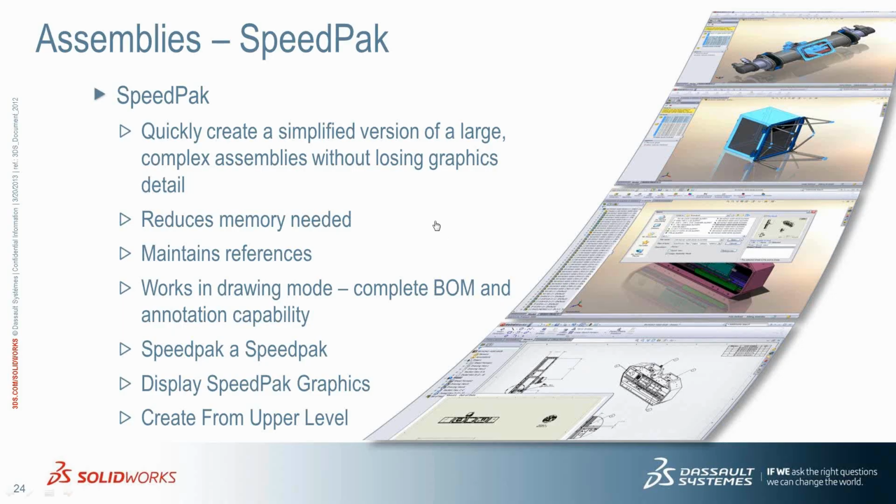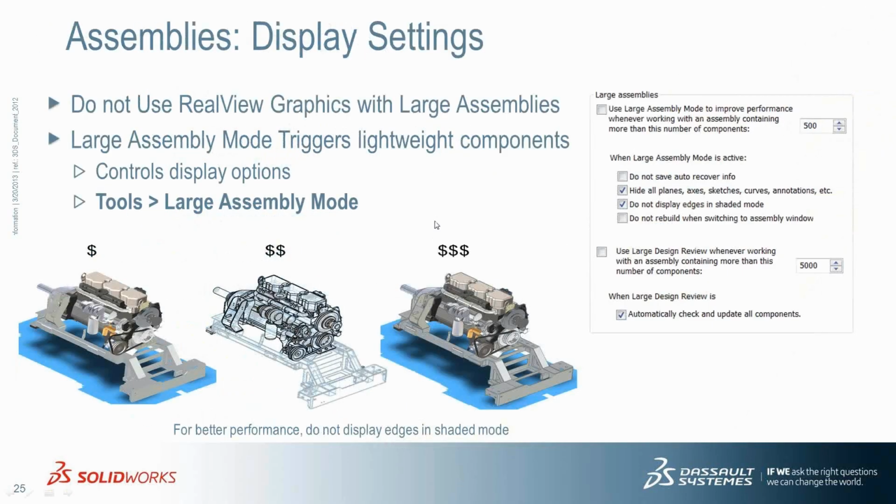Okay, we're getting a little bit slow on time here, so I'm going to get a little bit faster with some of the things we're going to show. Display settings. The only things I really want to bring up here is, first of all, RealView graphics with large assemblies, make sure it's turned off. It just adds that performance hit.